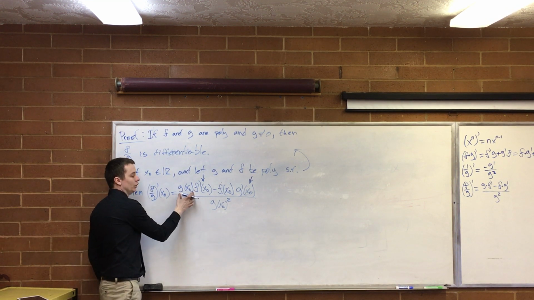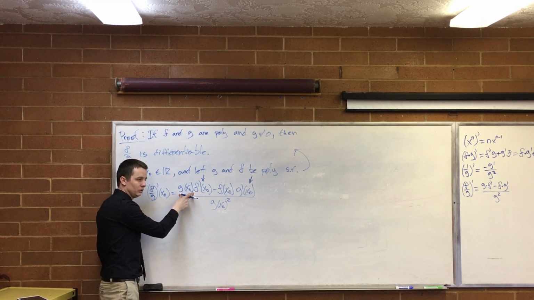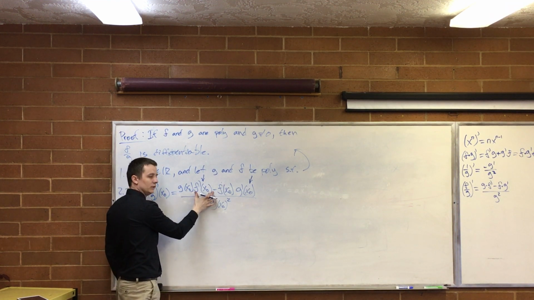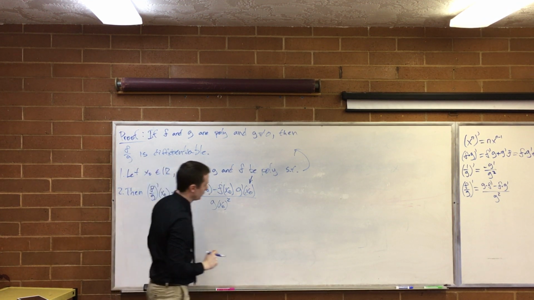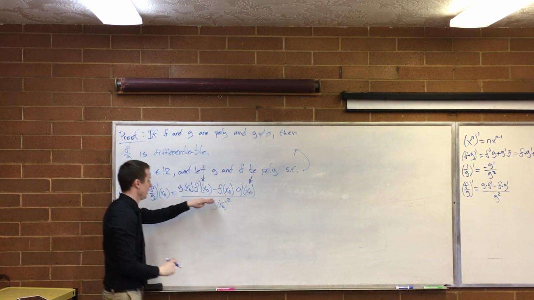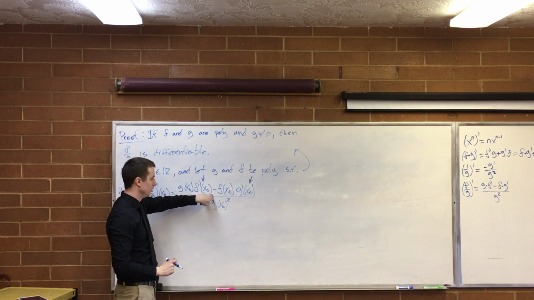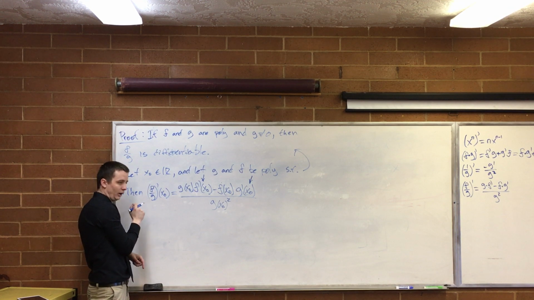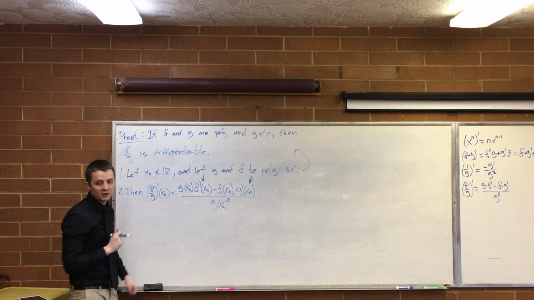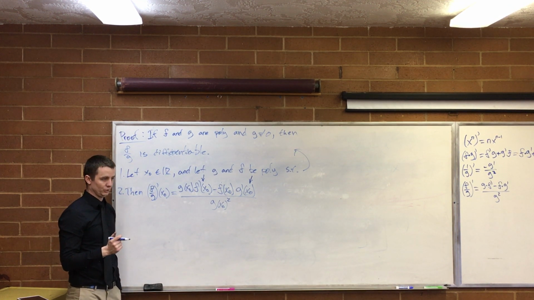We know that a polynomial has a value, so this term's fine. But do we know that a polynomial always has a derivative at every point? So that's the one thing I probably should have said before this. If I can show that a polynomial is differentiable, then the quotient of the polynomials is differentiable where the denominator isn't 0, right? So the last question remains, is a polynomial differentiable?